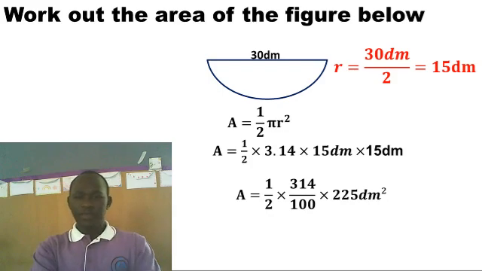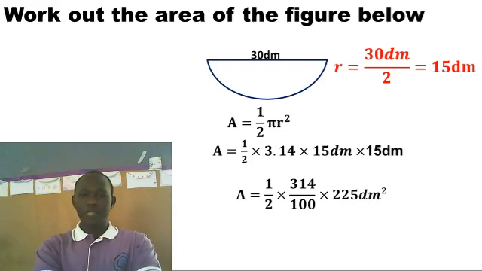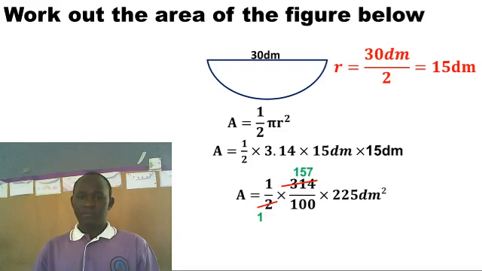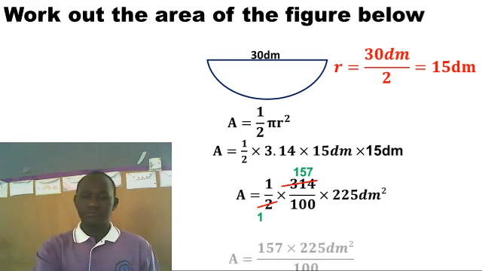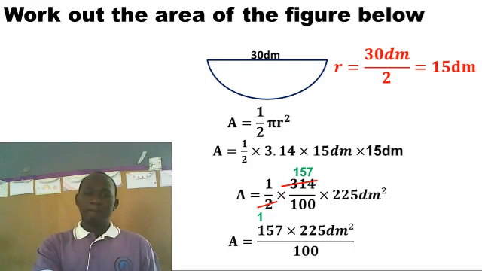So we can divide by 2. 2 divided by 2 is 1. Then 314 divided by 2 is going to give us 157. Now, if you look at that work, we have 1 times 157 times 225 over 100. That's how it will be.